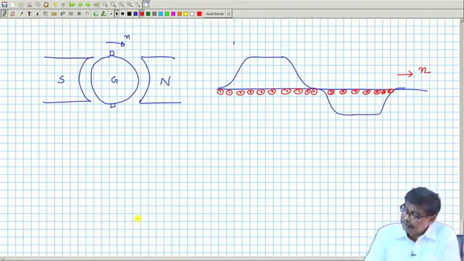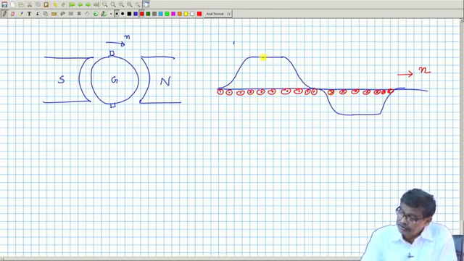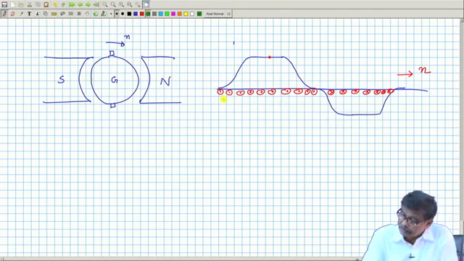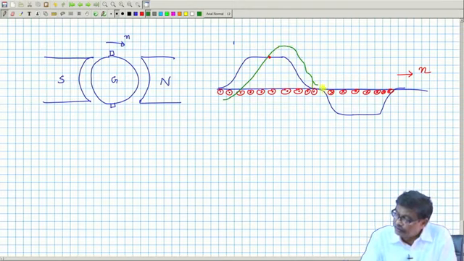The resultant field after adding the armature MMF to this one will be shifted. It will be somewhat shifted, and there will be a q axis flux present.